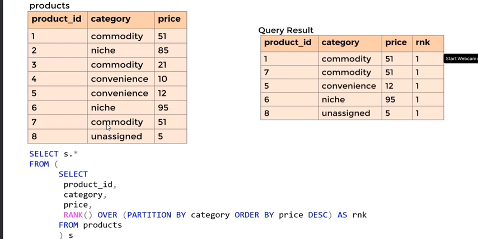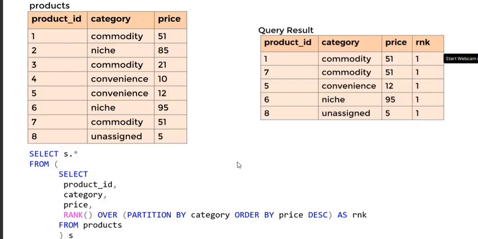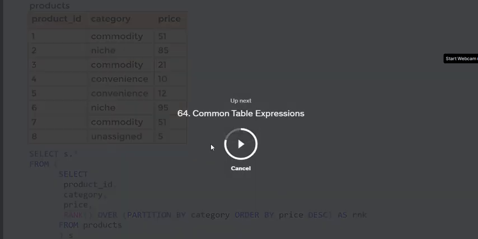Personally, I find this solution much easier to read, especially compared to using a correlated subquery or a join or subquery. In this case we simply use a window function in a subquery, then filter it to get the result we wanted.